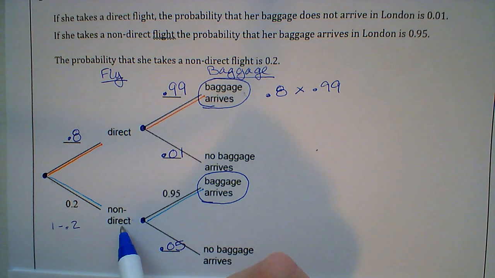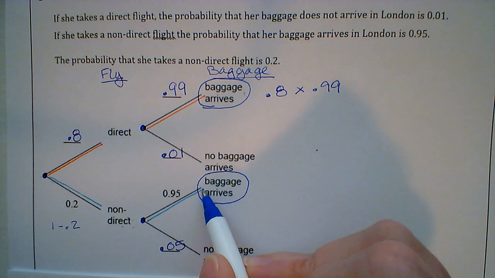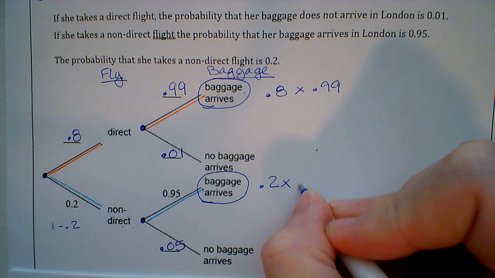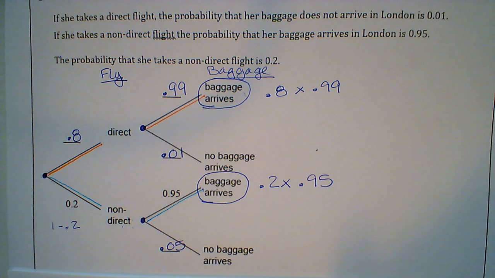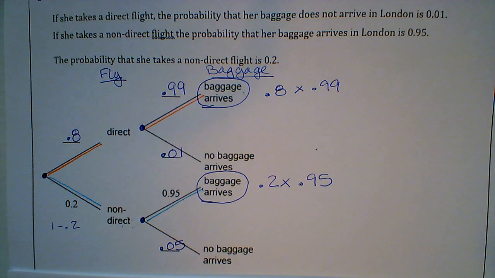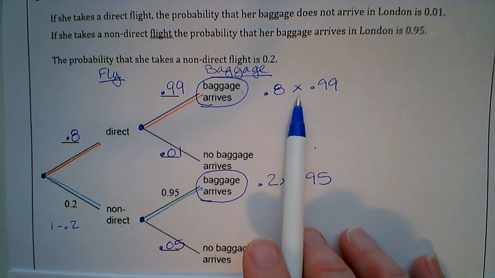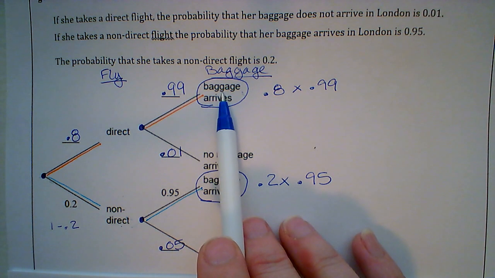Or I could have 0.2 and 0.95. Sometimes some people find it helpful to actually annotate the tree diagram and make little notes. Okay, here's a path that I'm going to take.